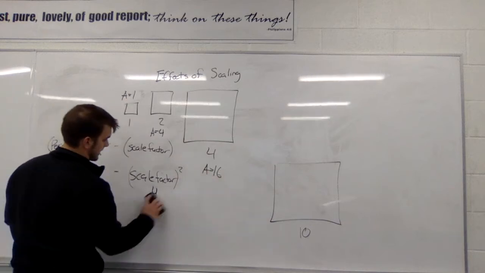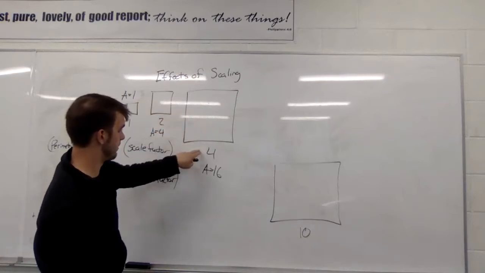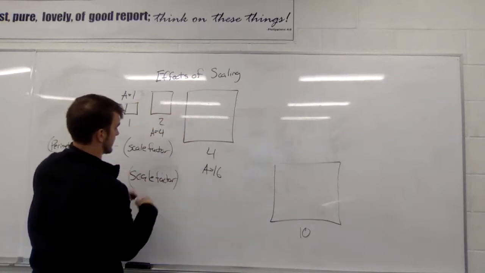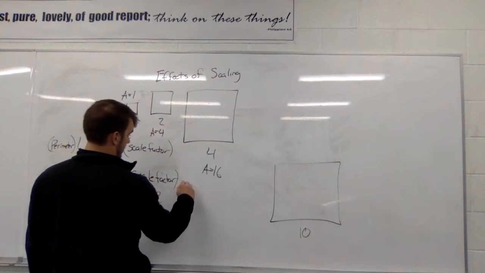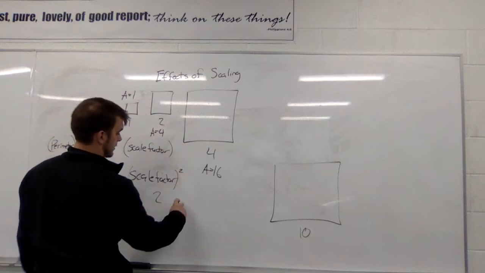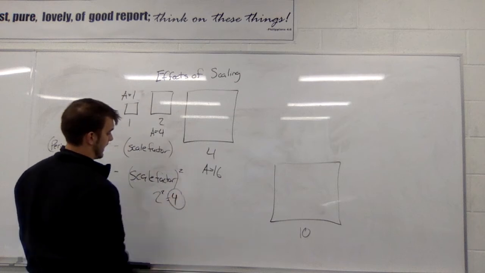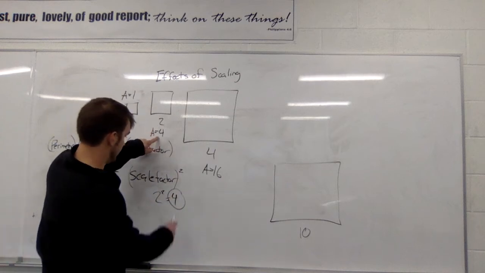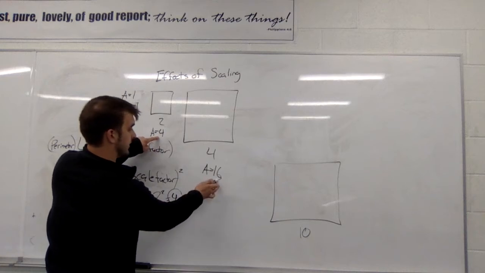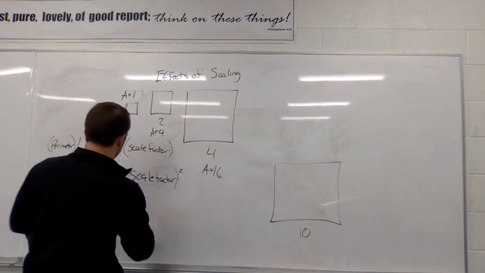Now let me just show you this thing. So between this shape here and this shape, you double it. Your scale factor from 2 to 4 is 2. So 2 squared is 4, because there's a square here. That means your ratio of change is going to be 4. The area of this is 4, times 4 equals 16. So your area, you just square your scale factor.